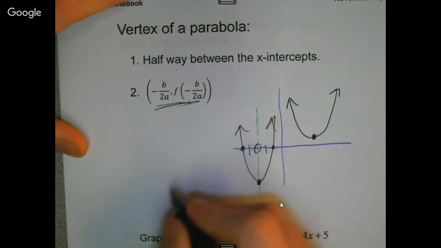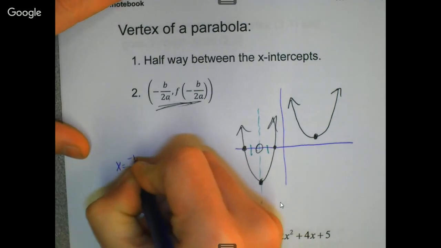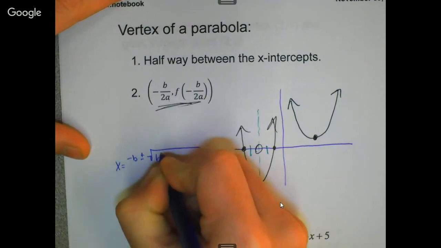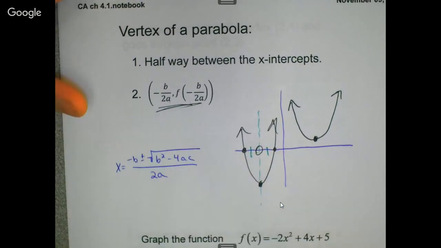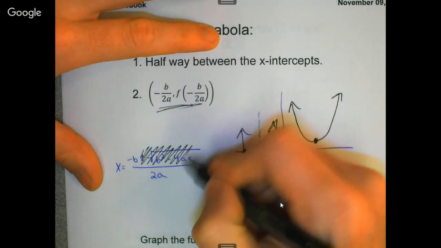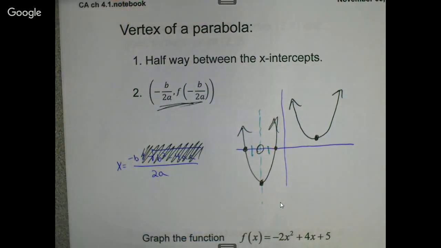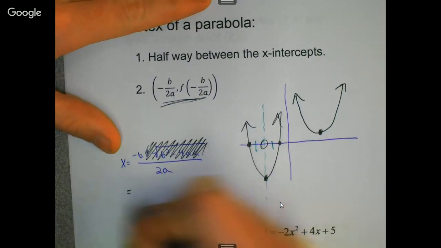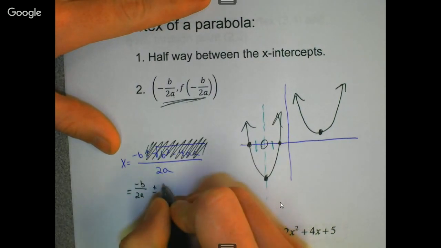Now, you might recognize where that comes from if I do this. Let's say I get rid of this part, the discriminant. Well, I've got negative b over 2a. So a lot of times you might see the quadratic formula written like this.